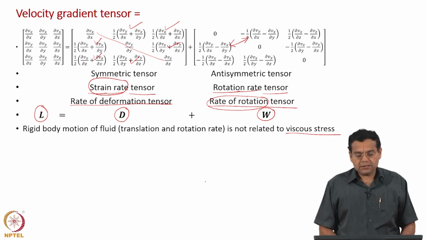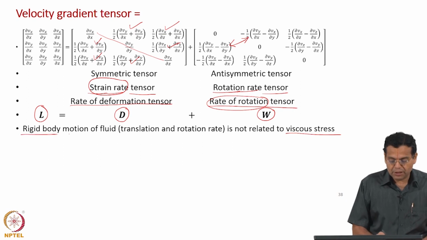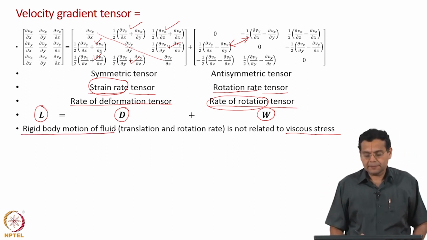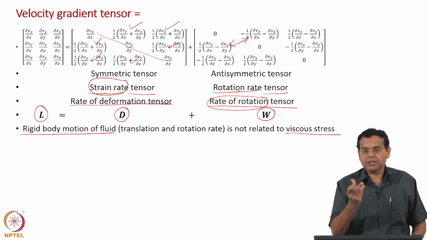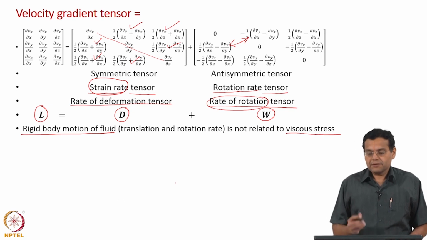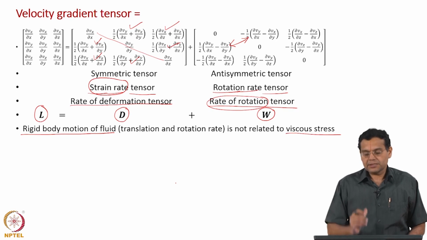Based on the discussion on solid mechanics and now for fluids also, the rigid body motion of fluid, that is, the entire body just translating and the entire body rotating, is not related to the viscous stress. When a fluid body just translates and just rotates, there are no internal viscous stresses developed.